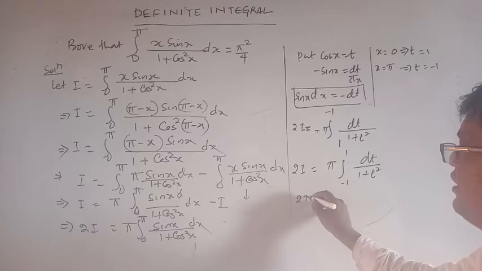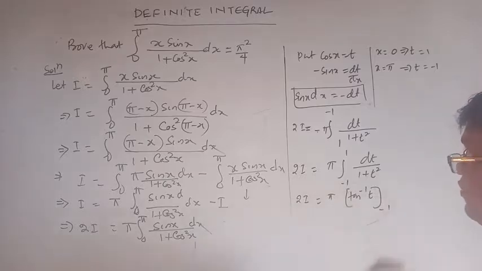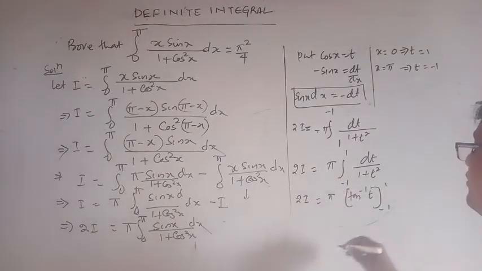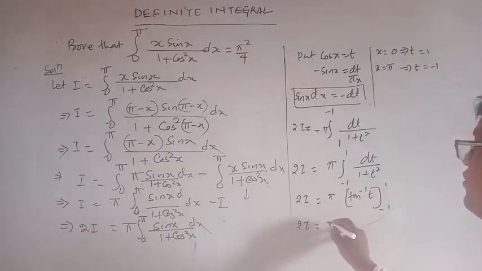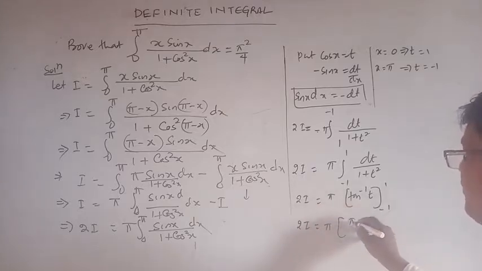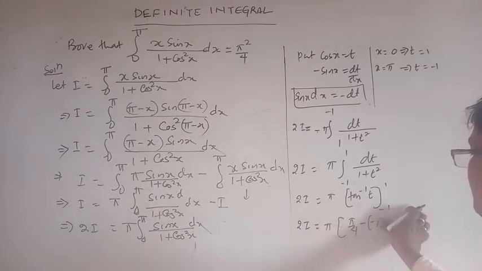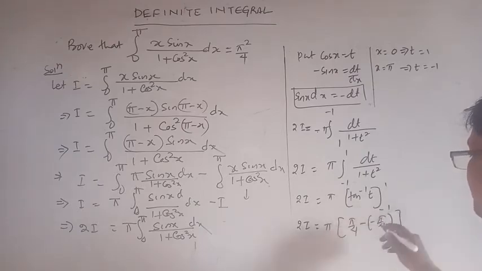So 2I is equal to pi into tan inverse t from minus 1 to plus 1. So 2I is equal to pi into tan inverse 1, which is pi by 4, minus of minus pi by 4.